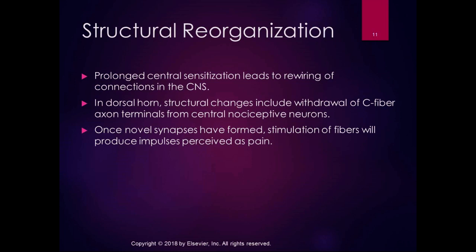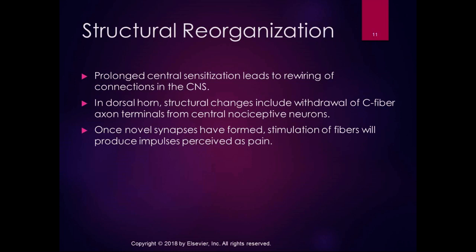Oh, one more. Structural reorganization is where prolonged sensitization leads to rewiring of connections in the central nervous system. So in the dorsal horn, and I alluded to this a little bit at the end of chapter 11, structural changes include withdrawal of C fiber axon terminals from central nociceptive neurons. So you're not getting the C fiber input into those nociceptive neurons.